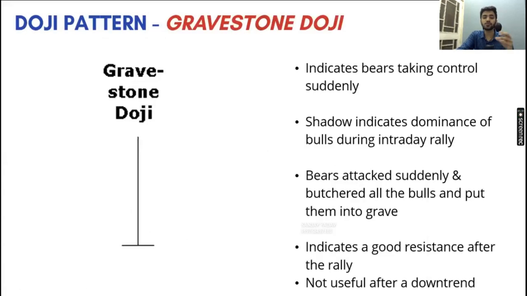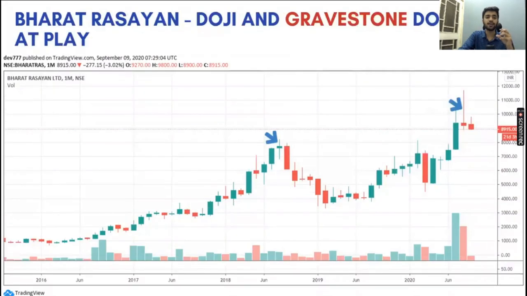And these are the most powerful: gravestone, dragonfly, and the simple doji. These three types of dojis are very important, and I have shown you examples to make you realize what happens next and why you should not ignore this whenever you're doing any analysis.